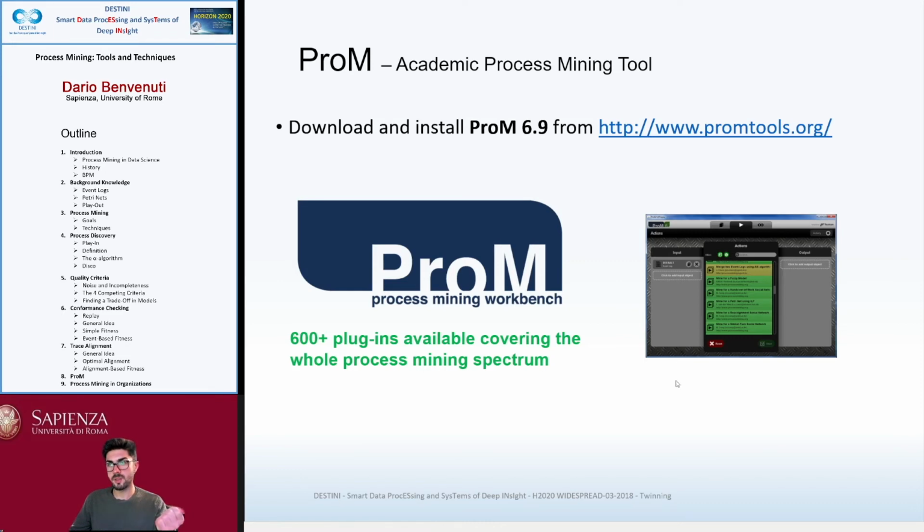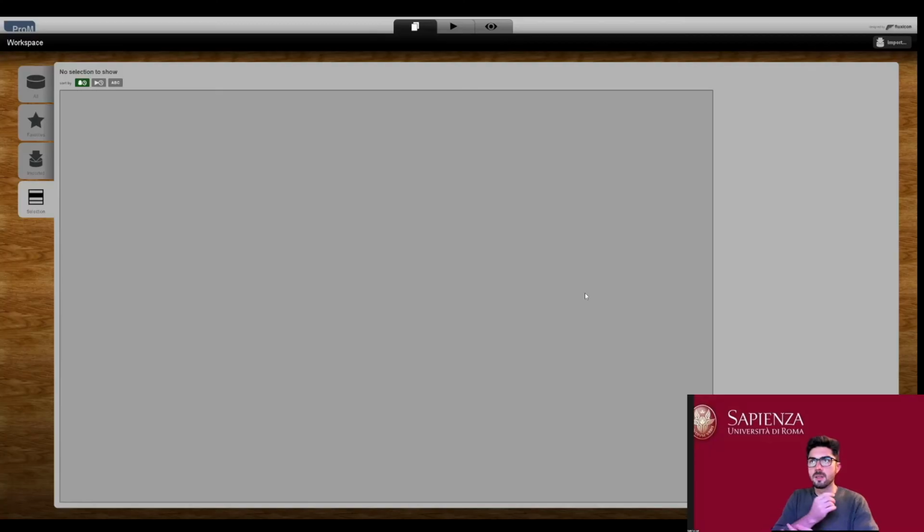So let me just switch quickly to ProM. This software is quite more complex than Disco, but at the same time it offers a lot of functionalities, and since it's structured on tools, it can be easily extended and personalized, and as time passes it will always offer more and more functionalities, and that's why it's a bit less user-friendly.